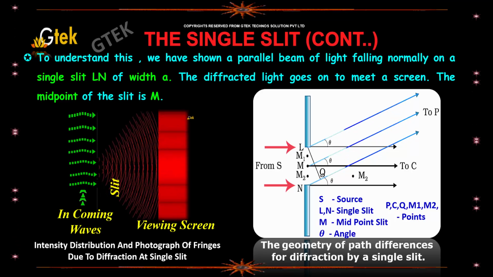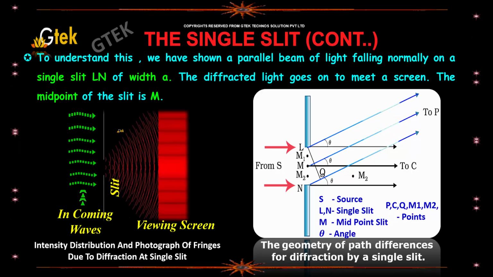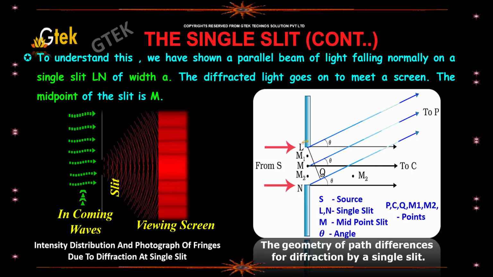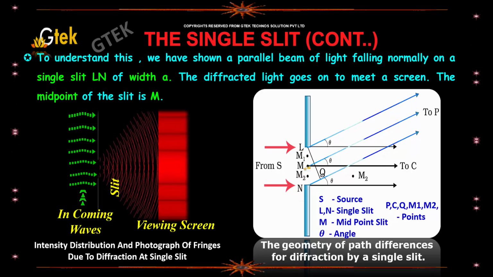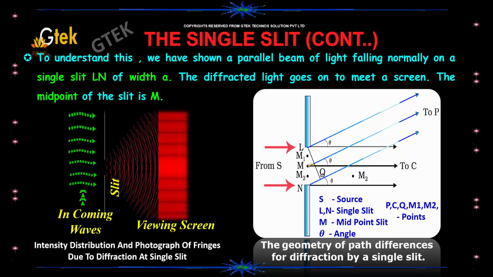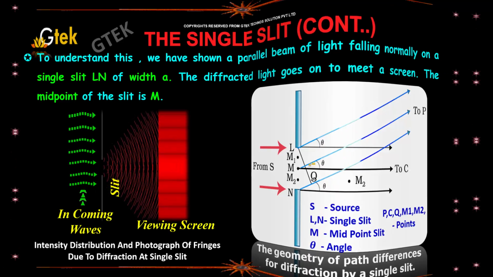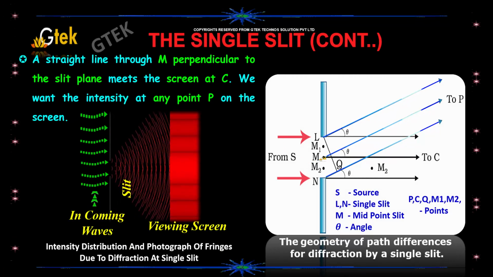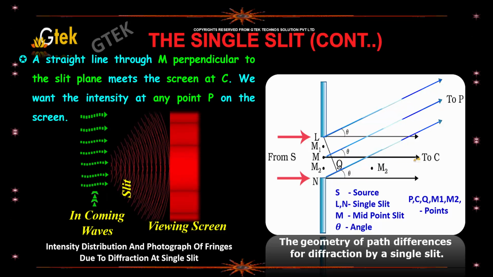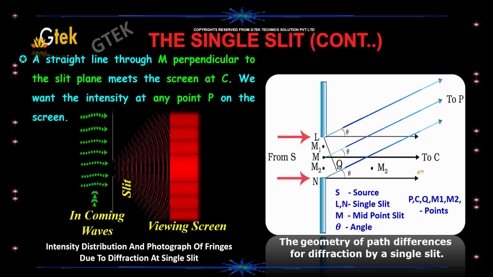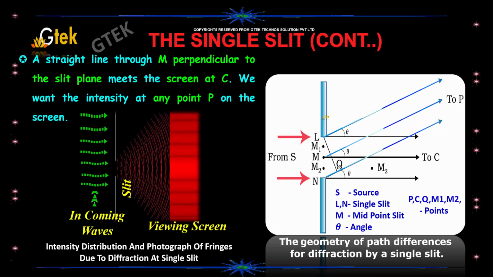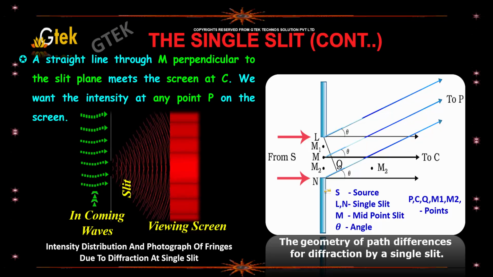To understand this, we have shown a parallel beam of light falling normally on a single slit LN. The diffracted light goes on to meet a screen. The midpoint of the slit is M. A straight line through M perpendicular to the slit plane meets the screen at C. We want the intensity at any point P on the screen.